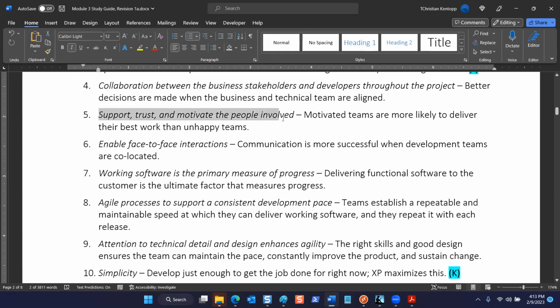Support, trust, and motivate the people involved. It's all right. So there's a lot of slop by traditional advocates that say, yeah, we're not moving a latte machine. No, foosball. No, we're not putting a foosball table in the workplace.